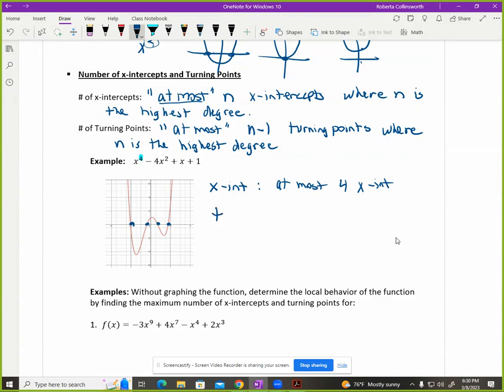So now let's look at turning points. Turning points says that I could have at most n minus 1. What is n? 4. So I'm going to plug it in there. 4 minus 1 turning points. Let's go ahead and finish that. 4 minus 1 equals 3 turning points.